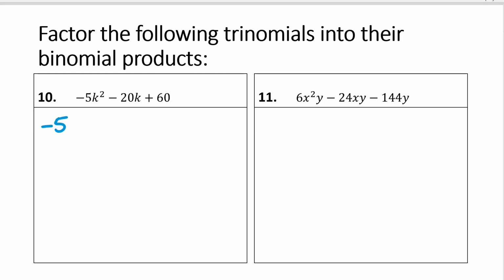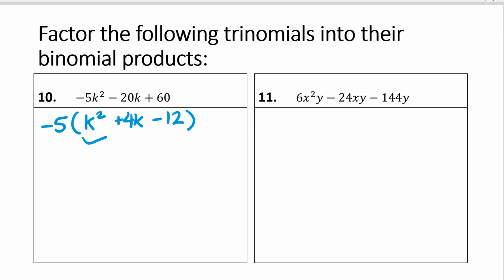So we'll factor out -5, and then we'll have our brackets. -5 times k squared is -5k squared. -5 times a positive 4k is -20k. And -5 times a -12 is a positive 60.